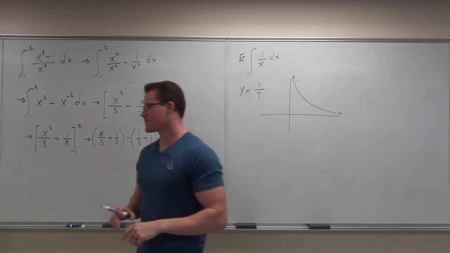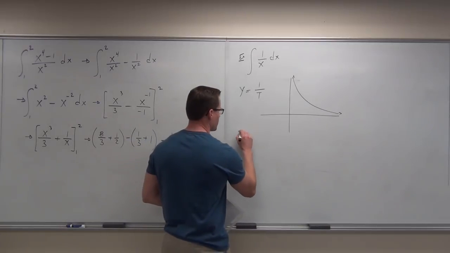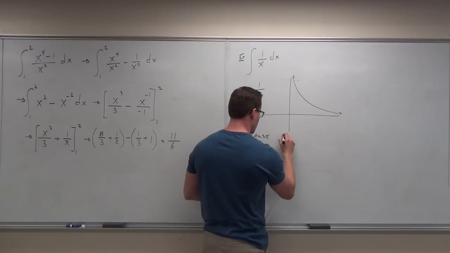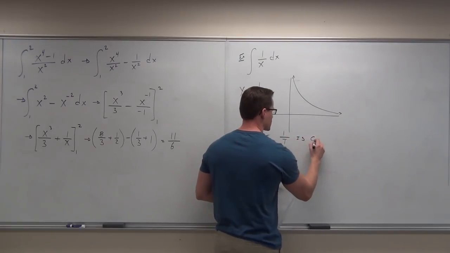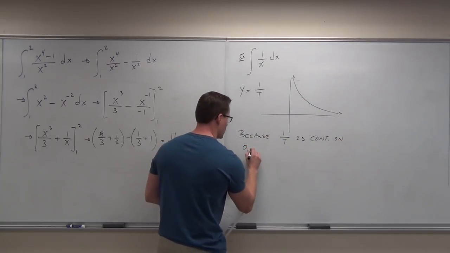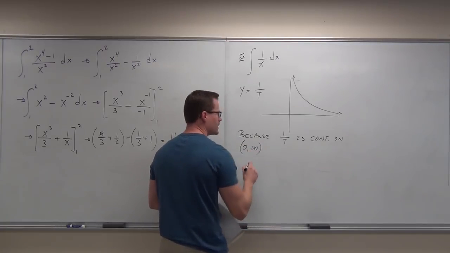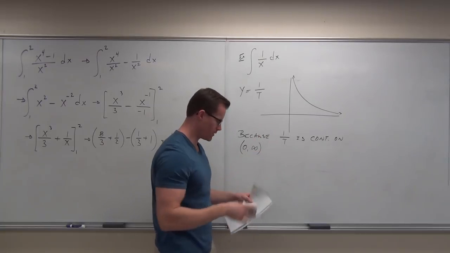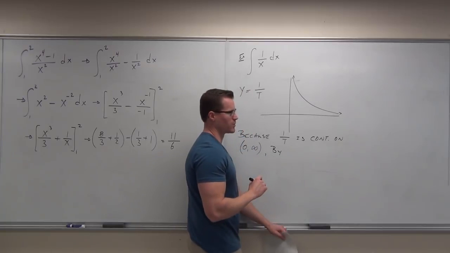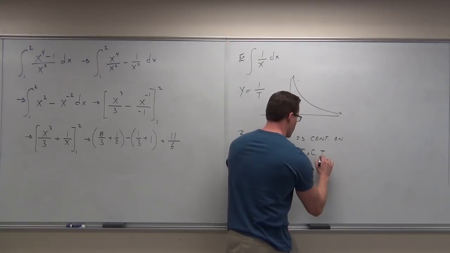Well, what that means by the fundamental theorem of calculus, I'll write this out for you. Because 1 over t is continuous on the interval that we're trying to talk about here, I'm going to abbreviate, by the fundamental theorem of calculus part 1.